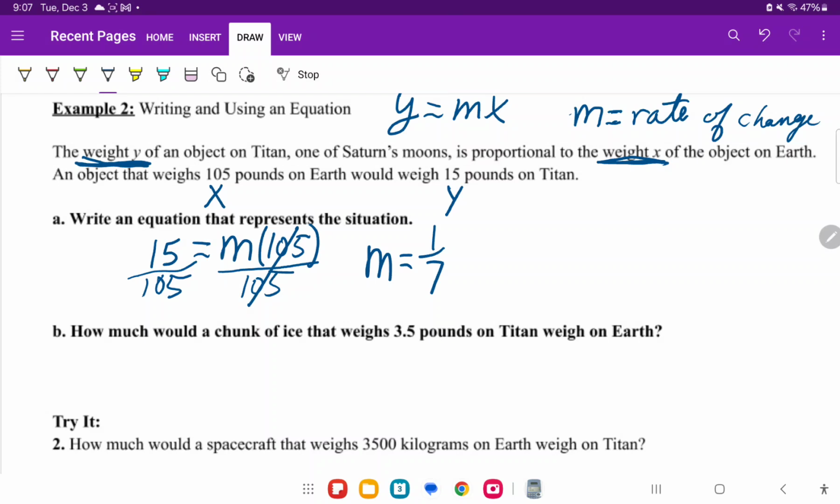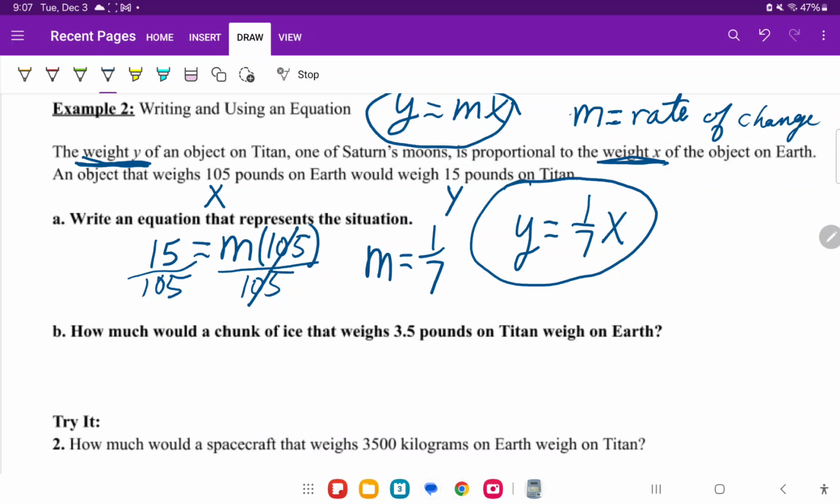Now to write my equation, I'll go back to the original right up here, and I'll say y is equal to, now my m is 1/7, and then x. So that is my equation. To get the weight on Titan, you take 1/7 the weight on Earth.